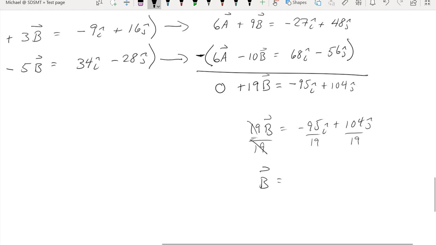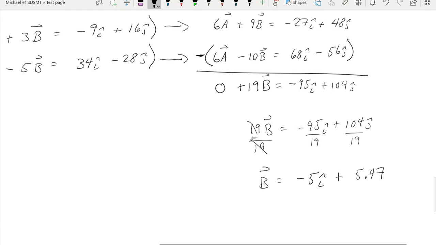So we have negative 95 divided by 19, and I'm getting negative 5. And then we have 104 divided by 19, which is 5.47.